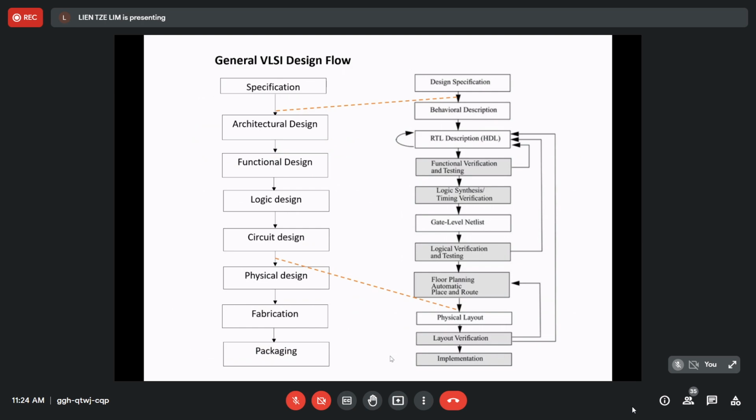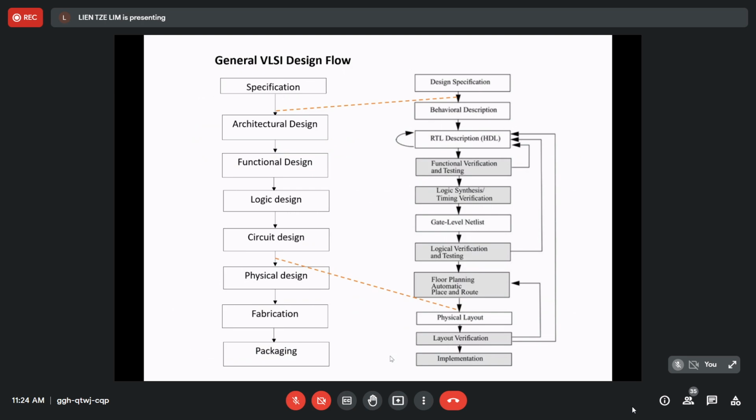I have added one slide here into my PowerPoint. In the notes given, the ones that I uploaded to you in Google Classroom, you will find that this slide is not included, because I just updated it last night.